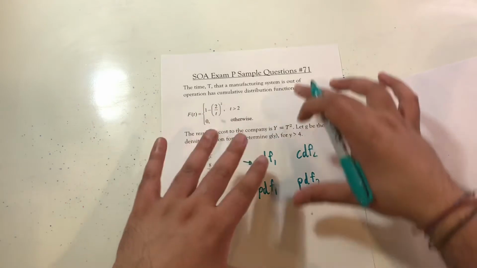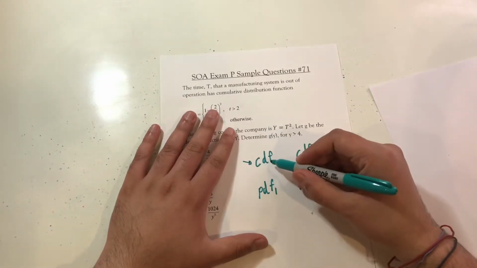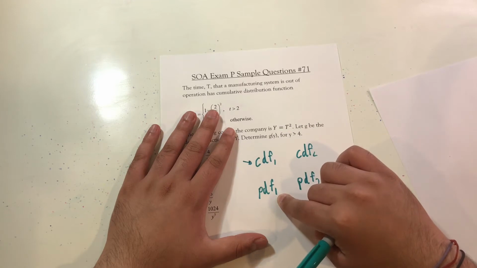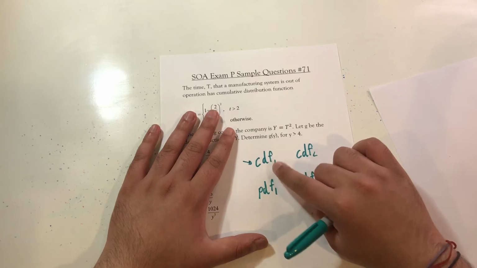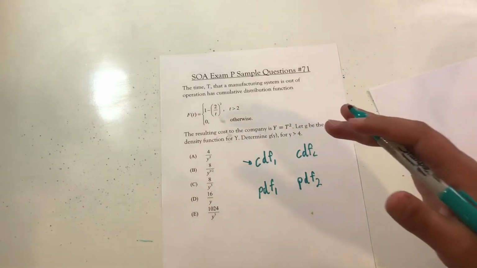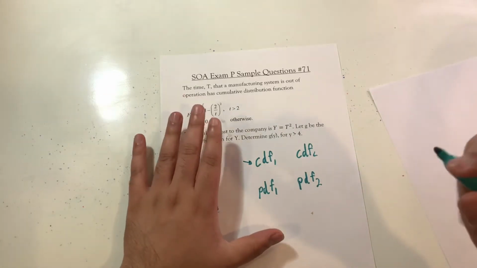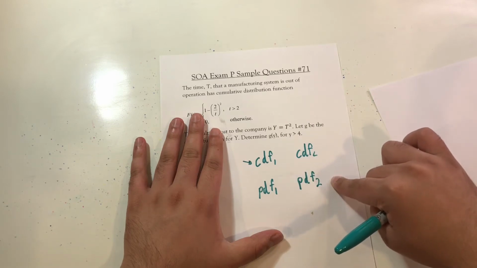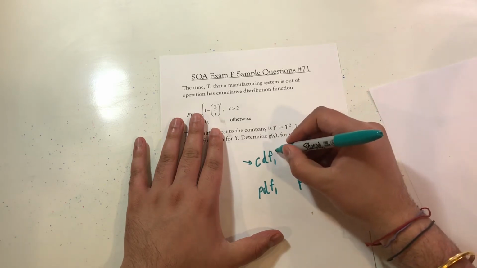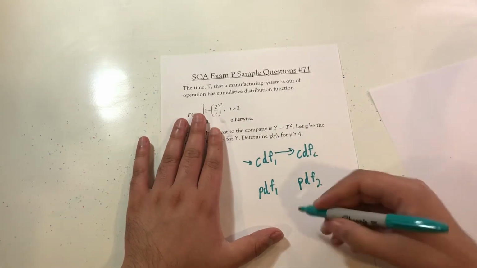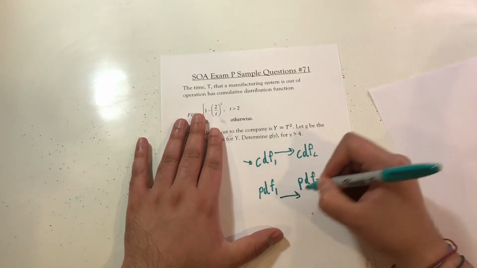All right, so we need to know how all these are related. Obviously, if you differentiate a CDF, you should get the PDF, the density function. If you integrate the density function, you'll get the cumulative distribution. That relationship should be something you're very familiar with. Now, there are two ways you can cross from one function to another. Either you can do a transformation on the CDF to go from here to here, or there's a formula to go from one PDF to another PDF, right?